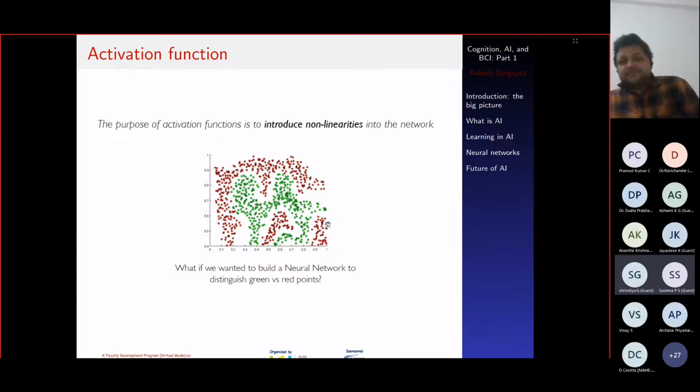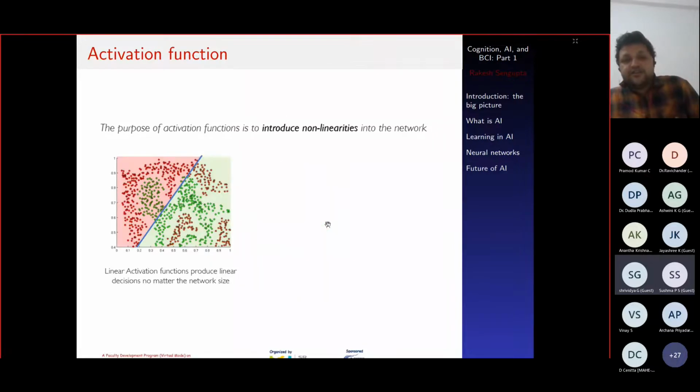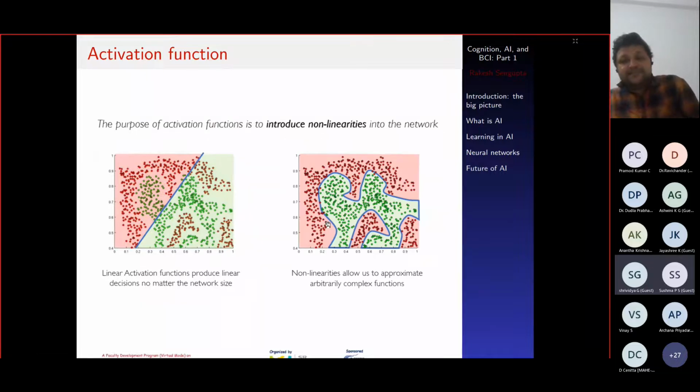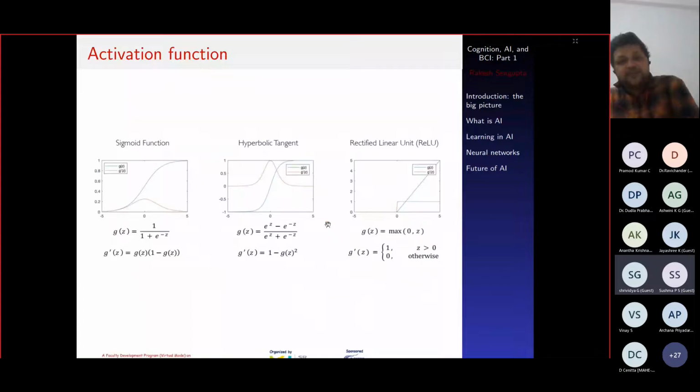Now, the purpose of the activation function is to introduce non-linearities into the network. Let's say we want a network which can distinguish between these red and green points. If we have a single linear activation function, then we can't make that decision. But we can make it if we have a non-linear activation function, which is why activation functions, sigma or g as we are going to call them, become important.